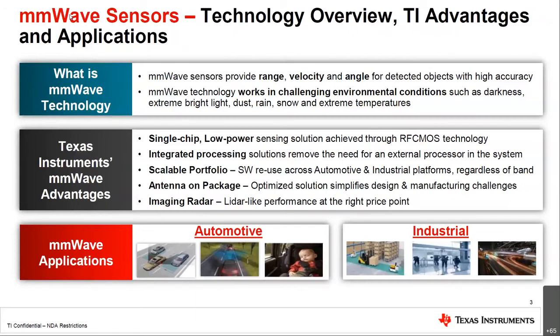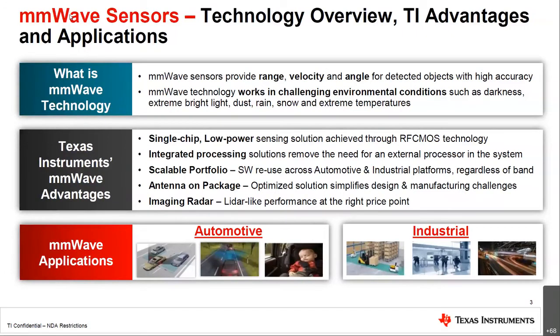Specifically, the mmWave sensor that we're working on is a single chip, low power sensing solution using RF CMOS technology. We have integrated the antenna on the package, as well as having scalable software across various different devices. With the antenna on package, you get a smaller form factor as well as simplifying your R&D and development process.